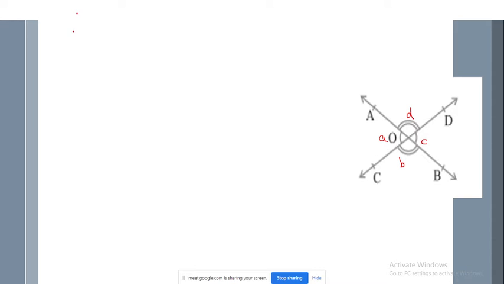Okay. So, angle A plus angle D is equal to 180 degree, that is the first equation we got, and it is also equal to angle D plus angle C. That is, we can write it as angle A plus angle D is equal to angle D plus angle C. Now, what does this mean?